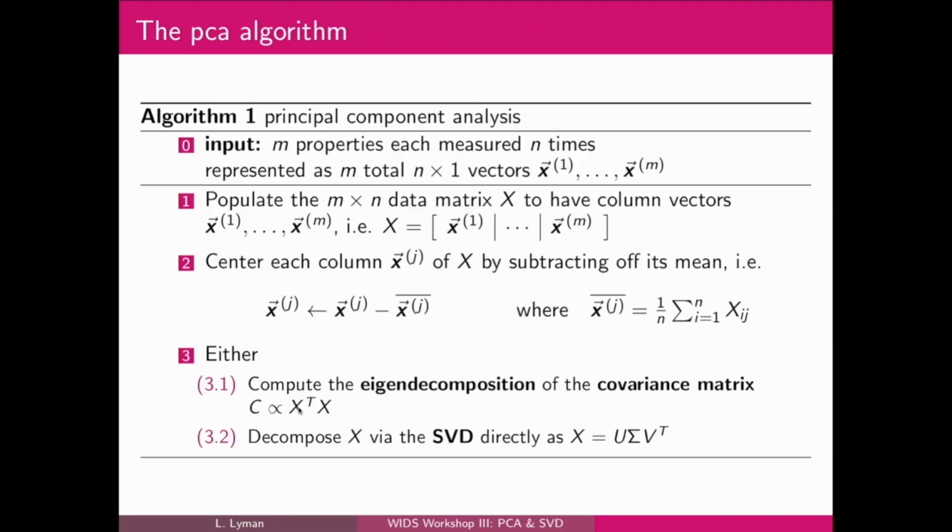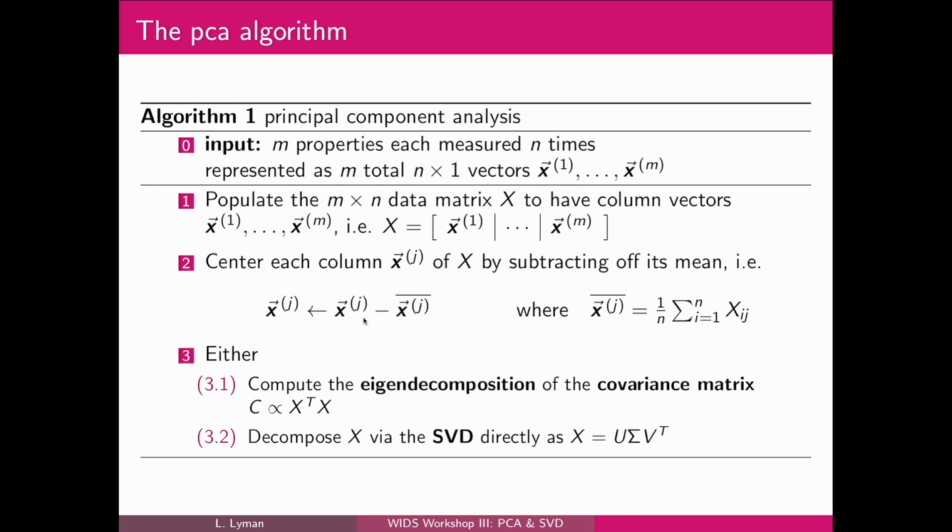The process is as follows. First, we populate an m by n data matrix, capital X, where again, m is the number of measurements and n is the number of explanatory variables, as we did in the example before.